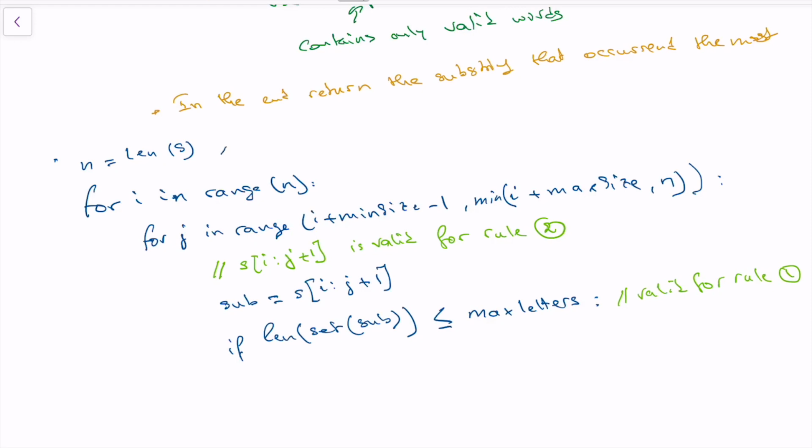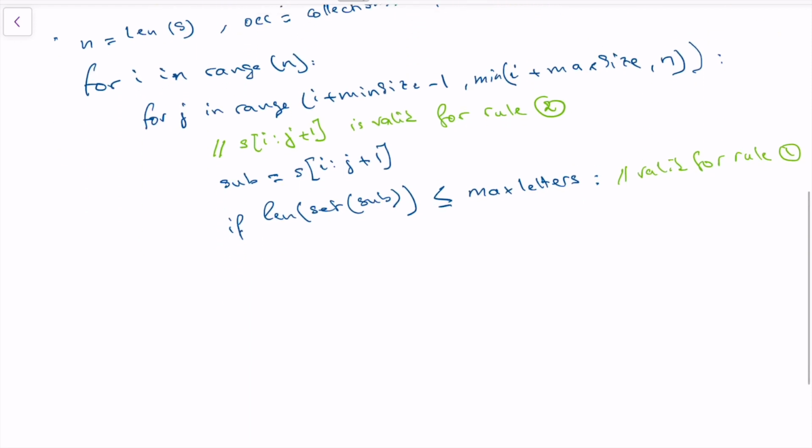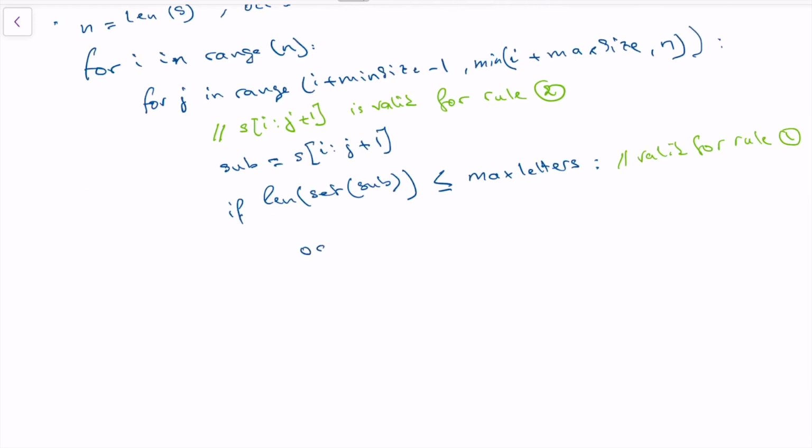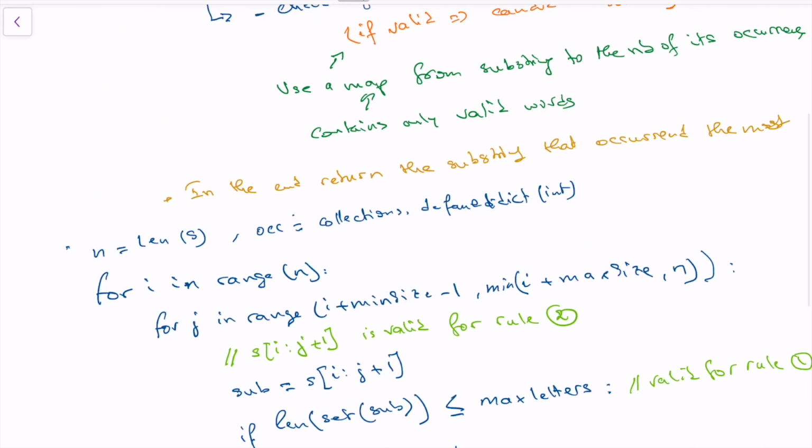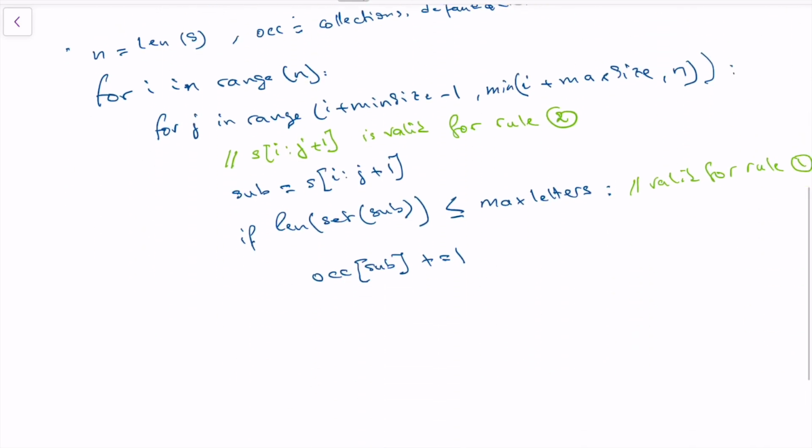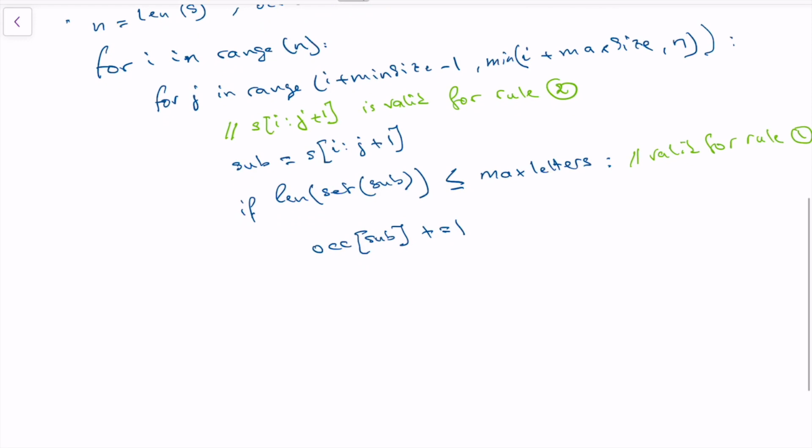So let's call that map occurrences and initialize it to be collections.defaultdict in Python. This is just so that it will be initialized with zeros, so that we don't need to initialize it. And here the occurrences of the substring increase by 1, so that we can keep track of how many times that substring occurred.